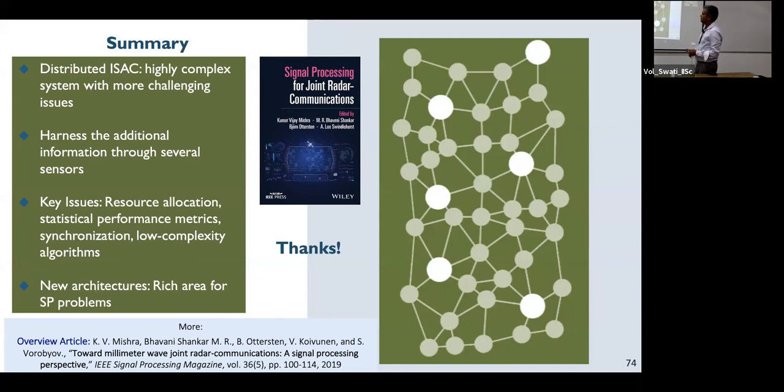And the key issues, like I said: one is these performance metrics. Synchronization, we did not cover a lot, but it is definitely of interest. Some groups have looked into it very briefly. There's also the issue of deriving low complexity algorithms. If you have data association and different processing nodes, you may want to reduce the complexity at the receiver.